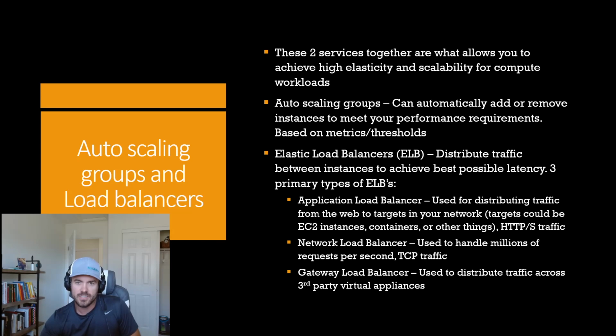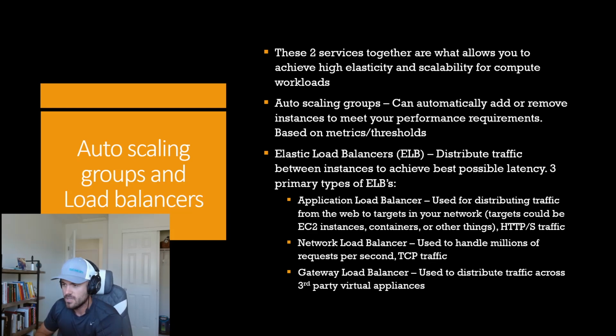And it's based on metrics and thresholds, such as, for example, CPU utilization, right? If it's increased above 80%, for example, you can say, all right, because it's that high, I want to add another instance to make sure that my end users are getting the best possible performance and lowest latency.